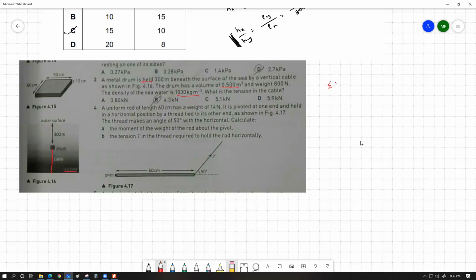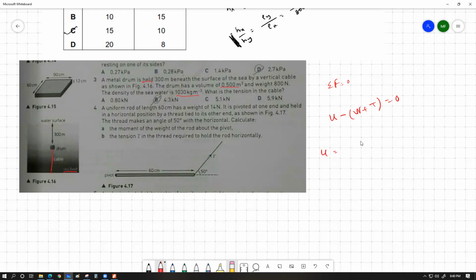So in this case the resultant force should be 0. So here the sum of upward forces should equal the sum of downward forces. The upward force minus weight plus tension should be equal to 0. The weight works downwards, and the cable tension also acts downwards. So we need to calculate the upthrust.